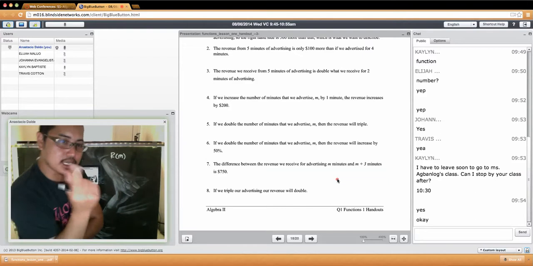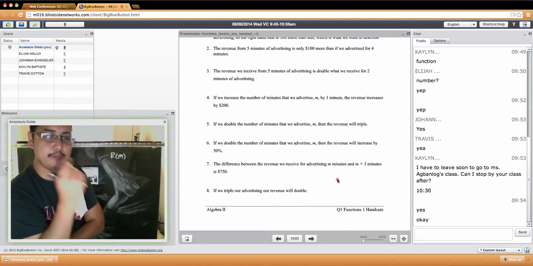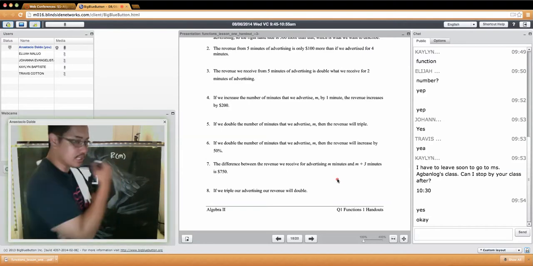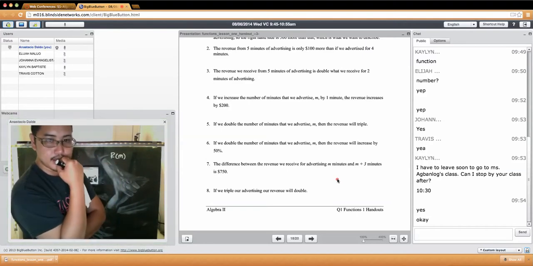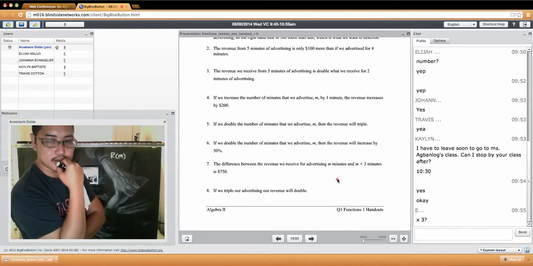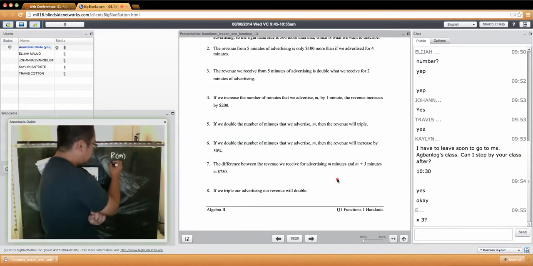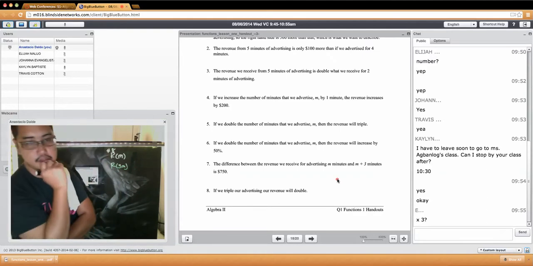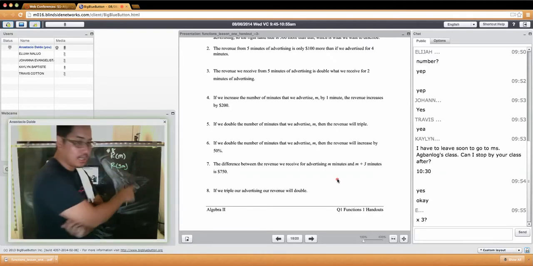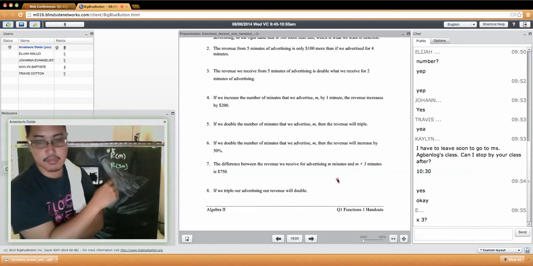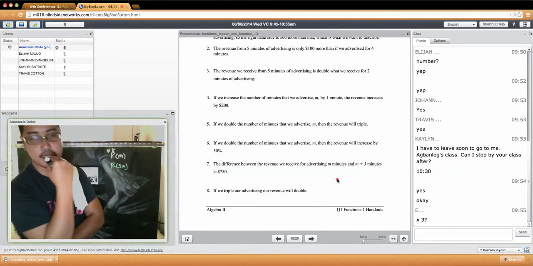How would I represent this if I wanted to say I want to triple my advertising minutes? What would I plug in here instead of just M? 3 times M, or M times 3? Exactly. This represents tripling your advertising minutes. By the way, I'm doing number 8. So if you plug in 3M instead of an M, that's talking about tripling your advertising minutes.